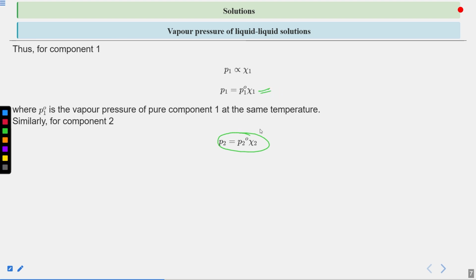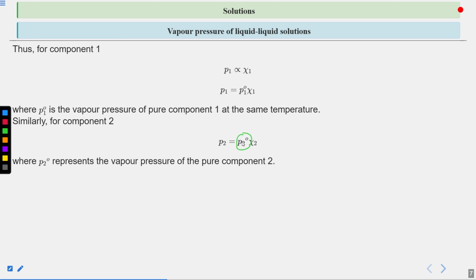This is our Raoult's law, which says that the partial pressure of a component is directly proportional to its mole fraction in the solution phase. And here also we have P02 as the vapor pressure of pure component 2.